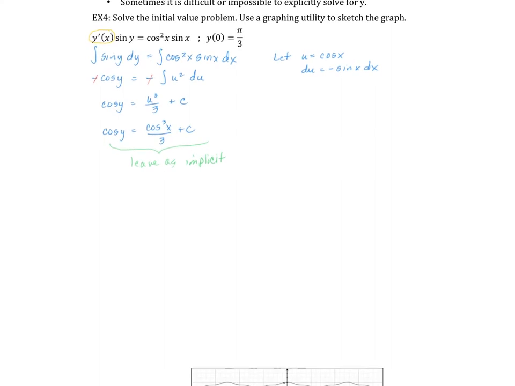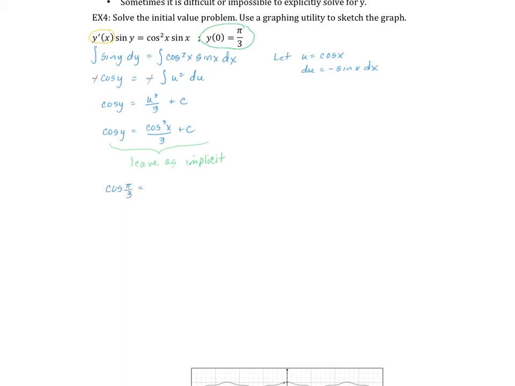We do have some initial conditions. We have y of 0 is equal to pi over 3. So if y of 0 is pi over 3, that means where I see y, I'm going to plug in pi over 3.